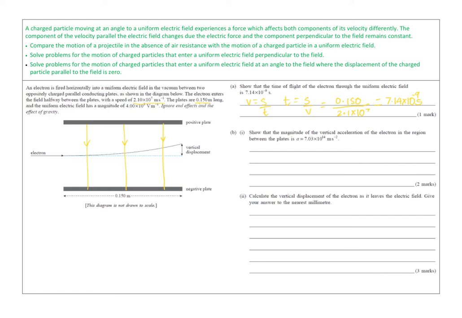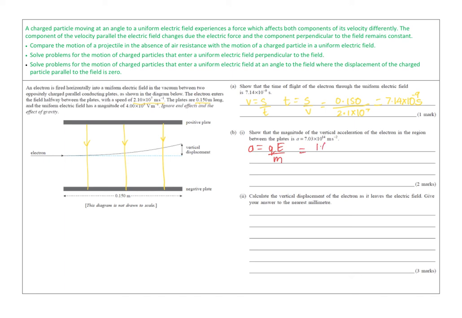So, part B. Show the magnitude of the vertical acceleration of the electron in the region between the plates. So our formula here for acceleration is equal to QE on M. We must get into the habit of showing our substitution.